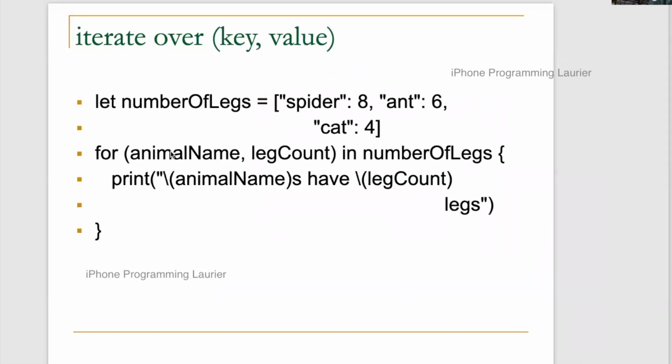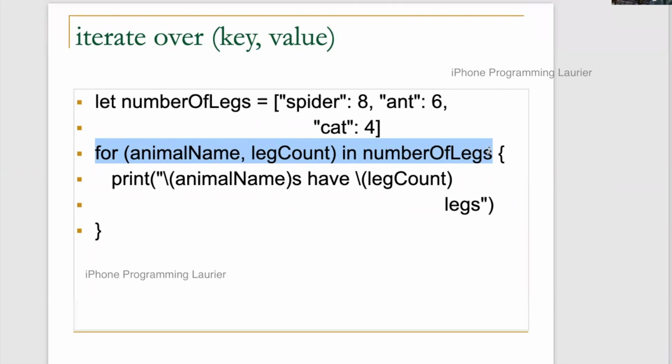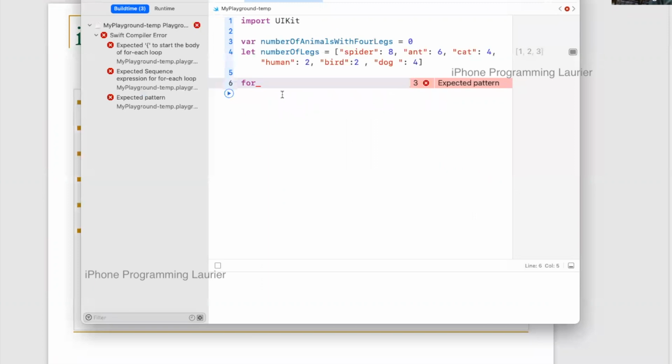Agree? There, right? This we get every element of the dictionary, and the elements come in pairs, right? The name of the animal and an integer. So let me copy and paste. Boom, right, like that.